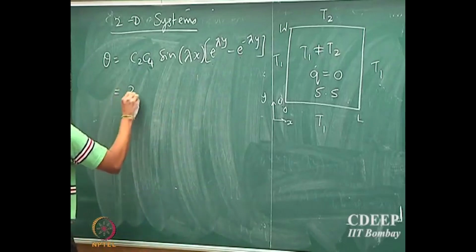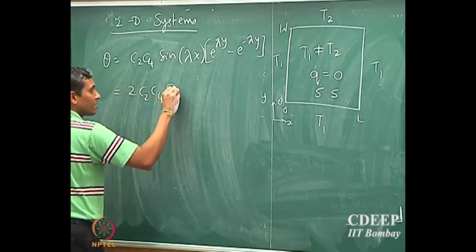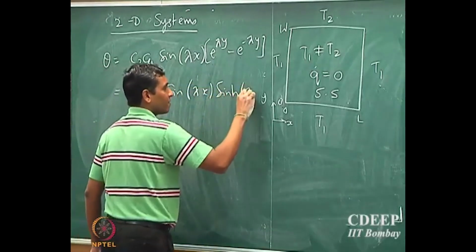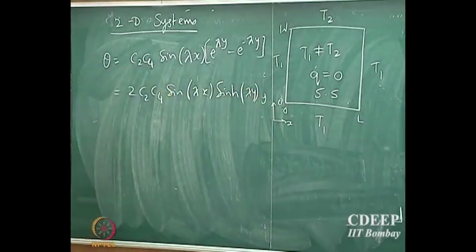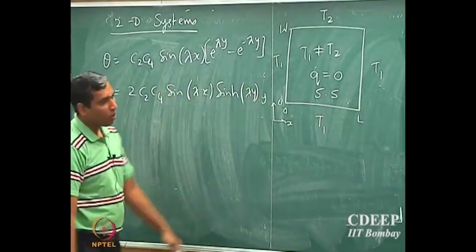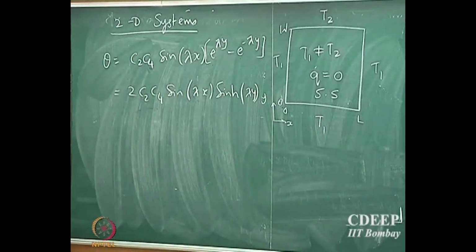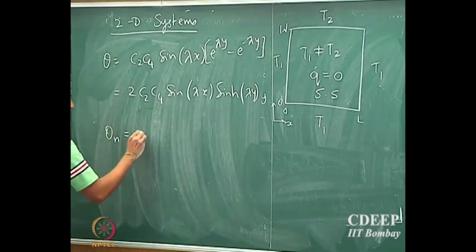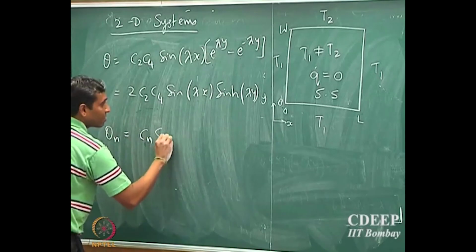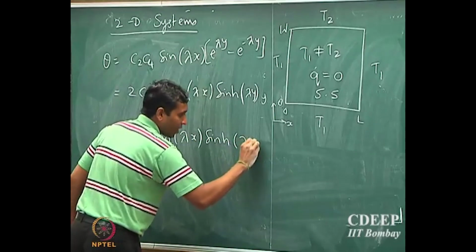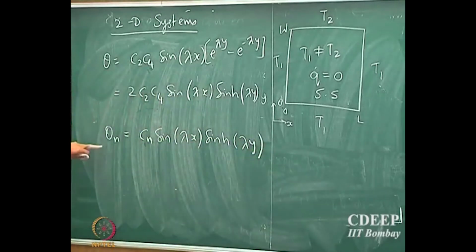So this is 2 times C2 C4 sine lambda x into sine hyperbolic of lambda y. And as n goes from 1 to infinity, you will get different values of the constant for every value of n. So therefore theta n will be Cn sine lambda x into sine hyperbolic of lambda y. So that's the value of theta for any n.